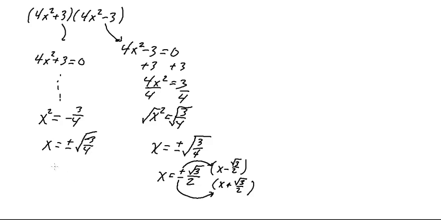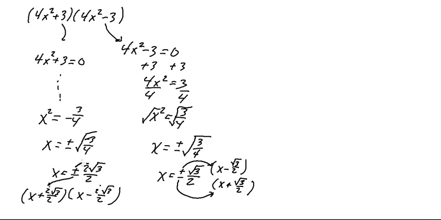Since I've got the square root of a negative, I know I have x is equal to plus or minus i square root of 3 over 2. And so these factors are going to end up being x plus i square root of 3 over 2 and x minus i square root of 3 over 2. Okay, and this one comes from the minus, and this one comes from the plus.